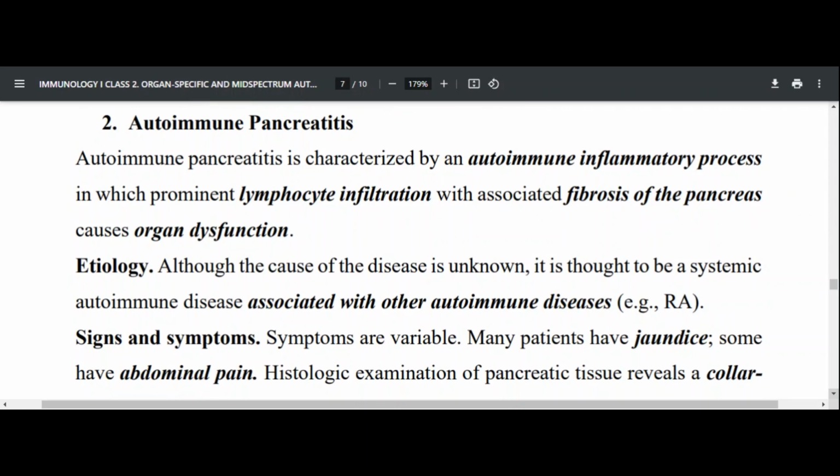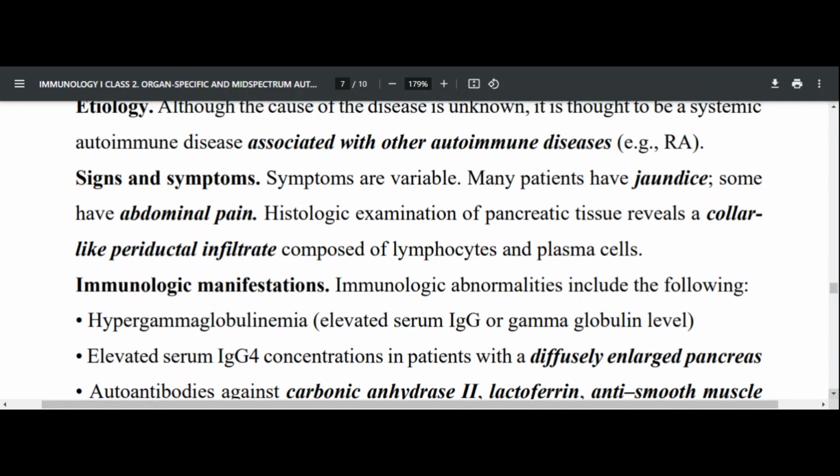And if you take a histologic examination of the pancreas tissue, you find periductal infiltrates composed of lymphocytes and plasma cells. So apart from the cell infiltration, we also find immunologic manifestation, humoral immunology.